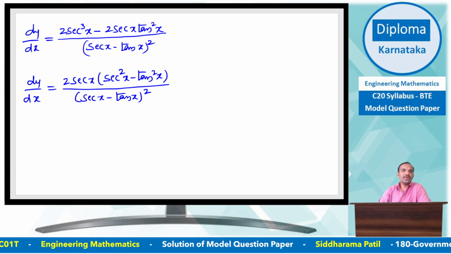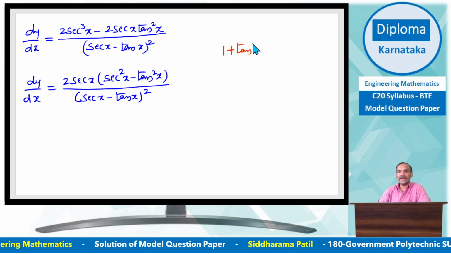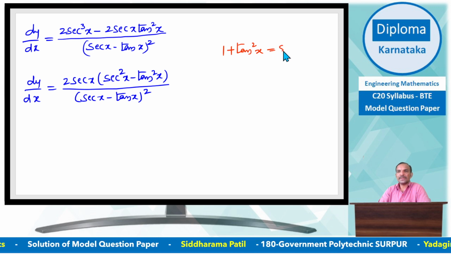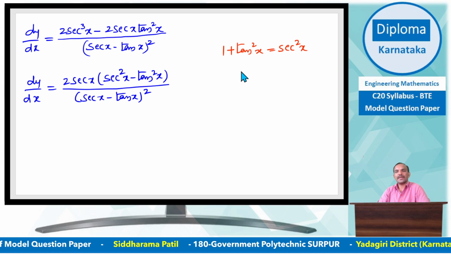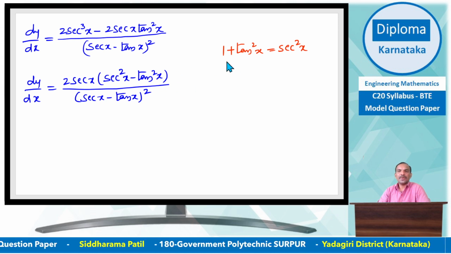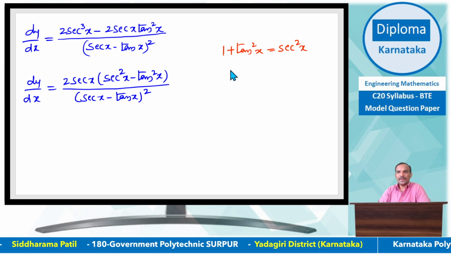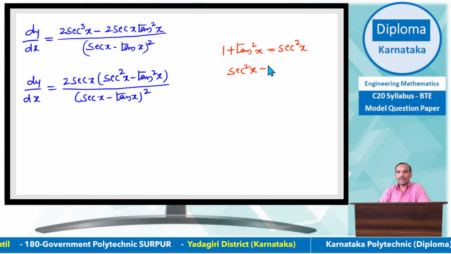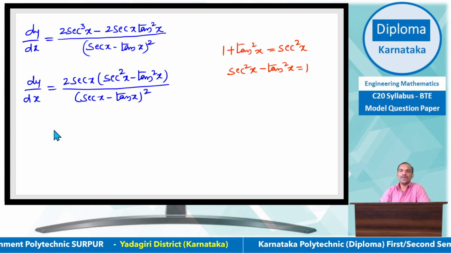Now we know one formula, that is 1 plus tan square x equals sec square x. From this formula you can write, plus 1 becomes minus 1, so sec square x minus tan square x equals 1.